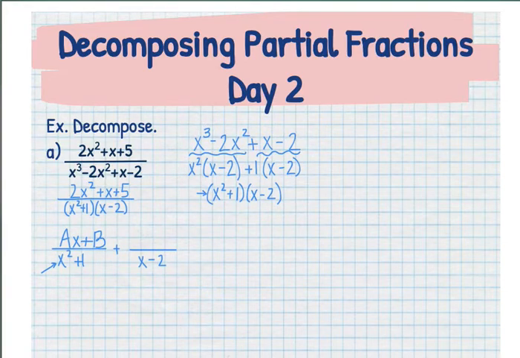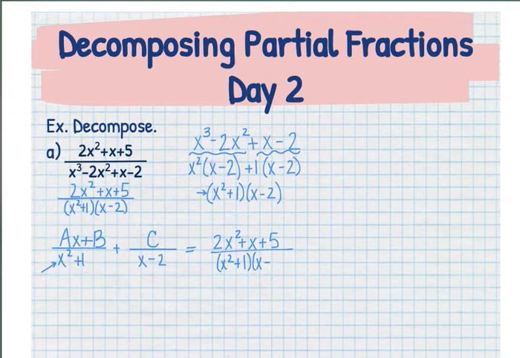X minus 2 is linear, so I just need to put a C on top of it. And I know that these need to add to be 2x squared plus x plus 5 over x squared plus 1 times x minus 2.